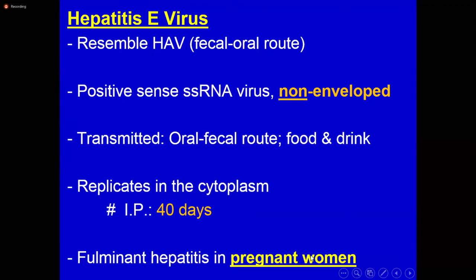Remember this. The most important point I would like to stick in your mind regarding hepatitis E virus is that when infection occurs in a pregnant woman, it is fulminating, killer, with no treatment for it.